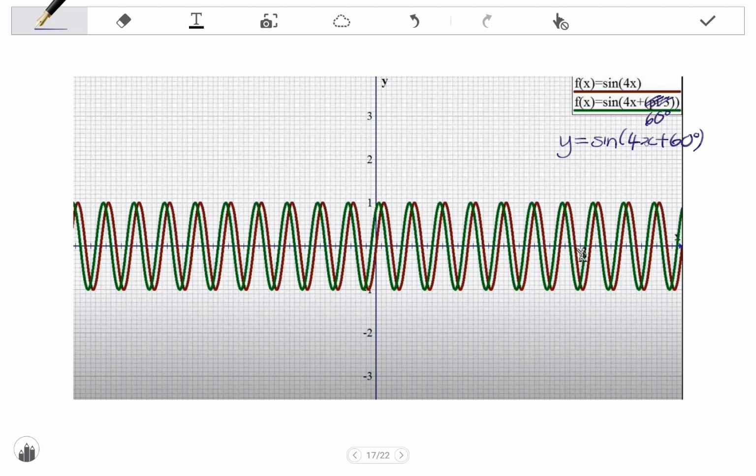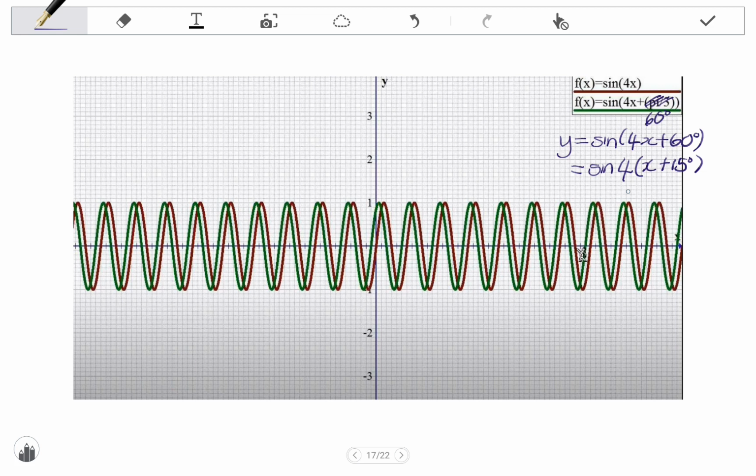To really understand the value of the horizontal shift, if you have a b value greater than 1, it is very important that you factorize out that b value from your brackets. So if I factorize out 4, I'm left with x plus 15 degrees. And if you do that, then there's no confusion about how many degrees you are shifting left or right.